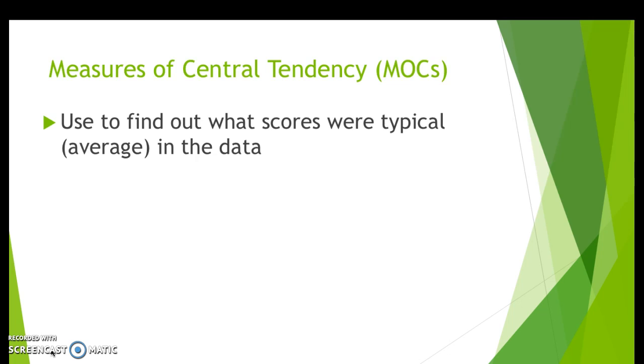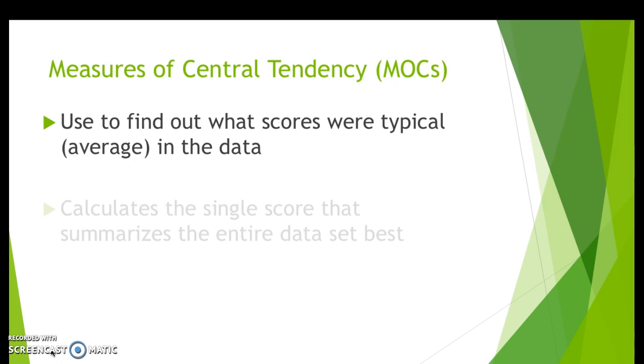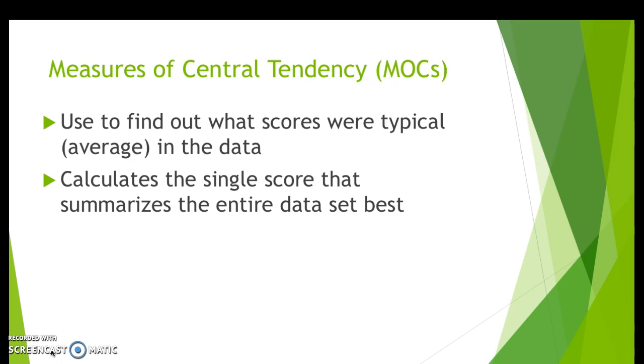So measures of central tendency help us figure out what's typical or average about a particular data set. It helps us summarize large amounts of data in one single score. Something that researchers often have to do is convey a lot of data and information in a short amount of time or space.